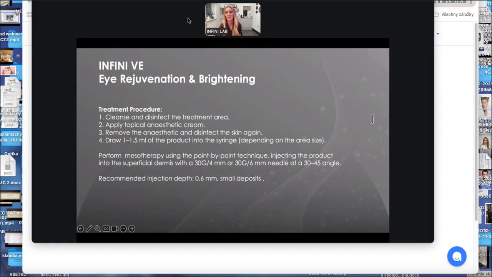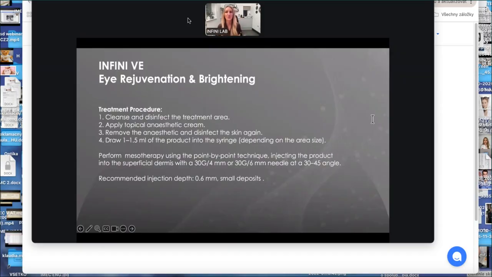We have to be careful not to overload the tissue with too much product, because so many times we can see complications with lots of puffiness and lymphatic drainage stagnation. When we have 2 milliliters of product in the syringe, it doesn't mean we have to use it.